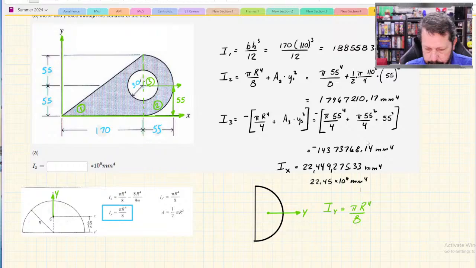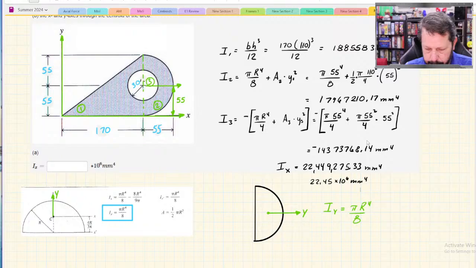The first one looks okay. Let's see about these others. Oh, shoot.